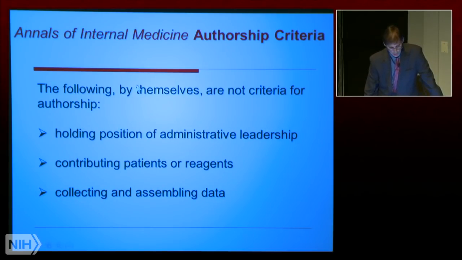So the following by themselves are not criteria for authorship. As we mentioned, holding a position of administrative leadership, the branch chief, the lab chief, just because they're the branch chief or lab chief doesn't mean they should be on the paper. Contributing patients or reagents, we kind of talked about that also. And collecting and assembling data.